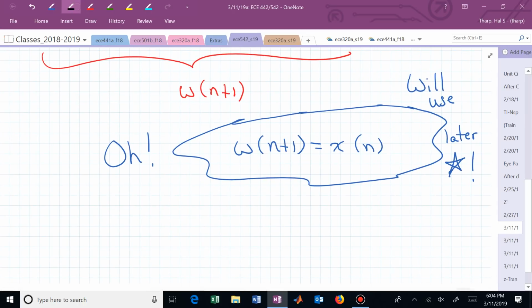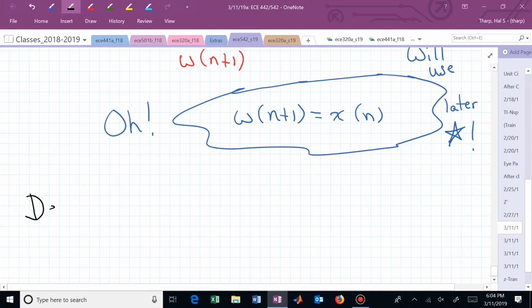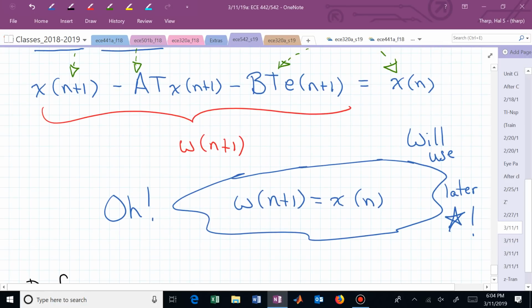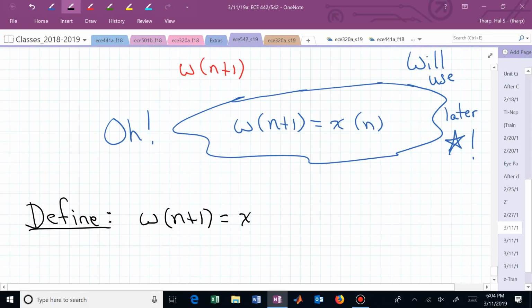Well, let's just remind ourselves. We've defined a new variable to try to make our life a little bit easier. We've now said omega at time n plus 1 is this mess on the left. That's now x at time n plus 1 minus AT x at n plus 1 minus BT e of n.